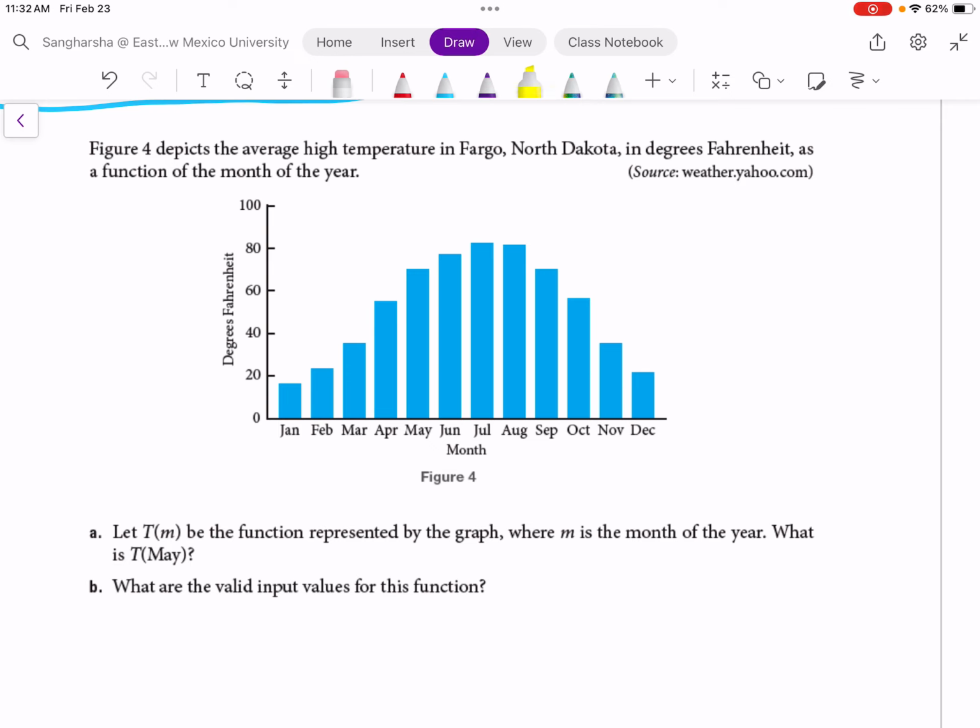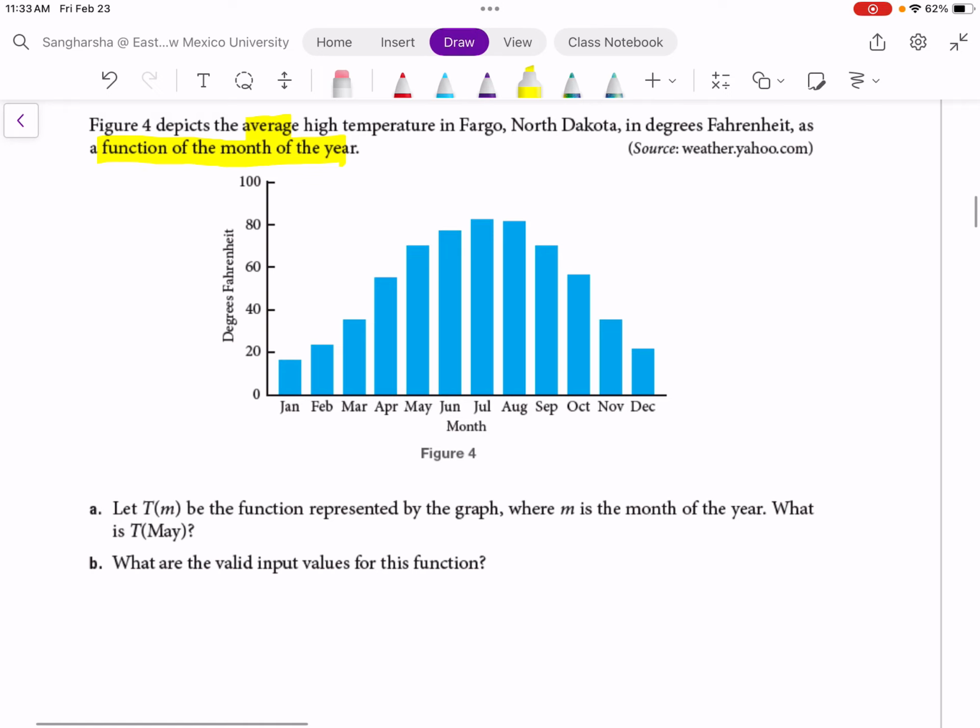So this average high temperature is a function of the month of the year.